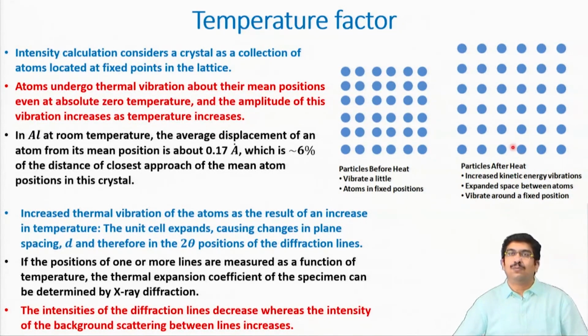Now, the amount of this thermal vibration is not something you can neglect so easily. For example, if you take aluminum at room temperature, the average displacement of an atom about its mean position is around 0.17 angstrom, which is almost 6% of the equilibrium distance between the atoms, the closest approach of the mean atomic position.